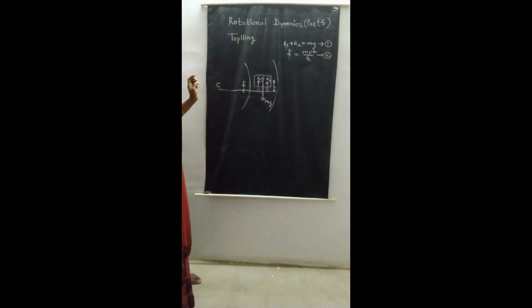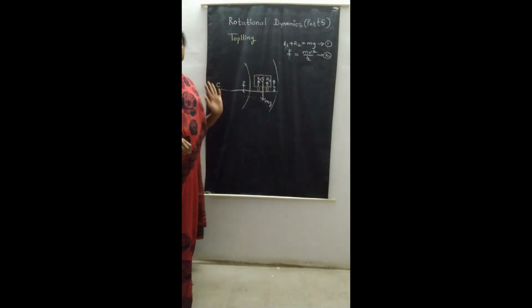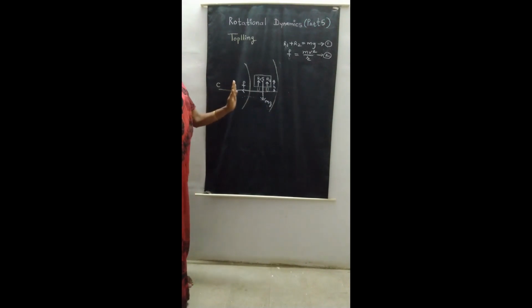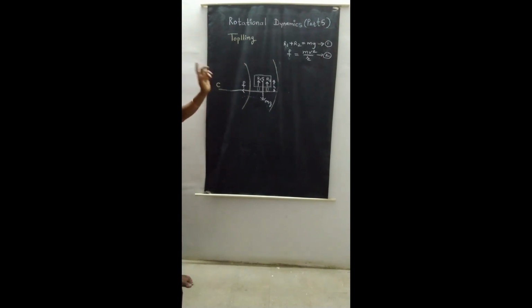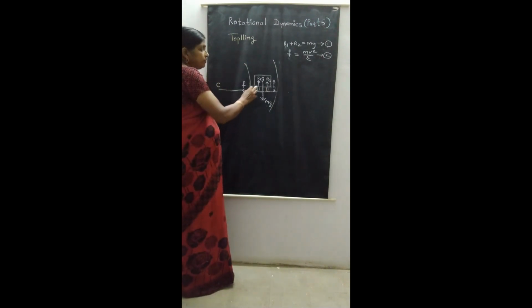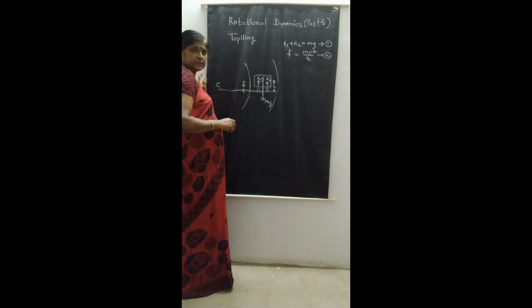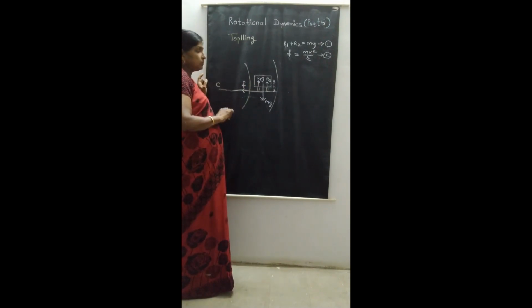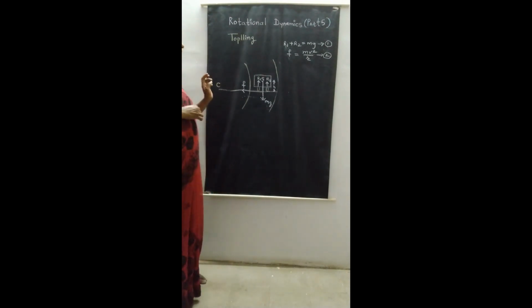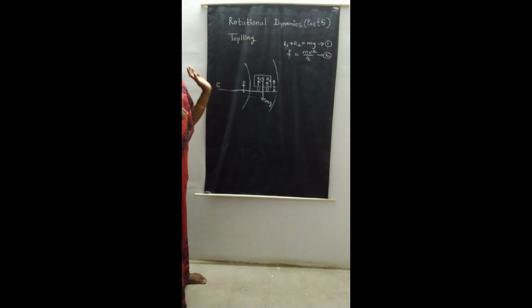Now, as there is no rotational motion produced in equilibrium, that is the no toppling condition, the moment of these various forces about any point must be equal to 0, or the clockwise torque must be equal to the anti-clockwise torque.